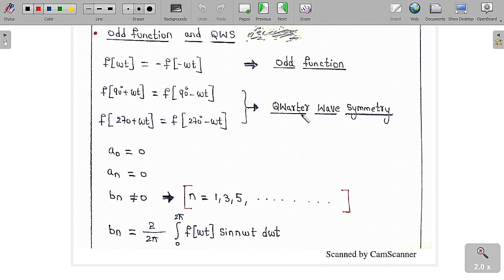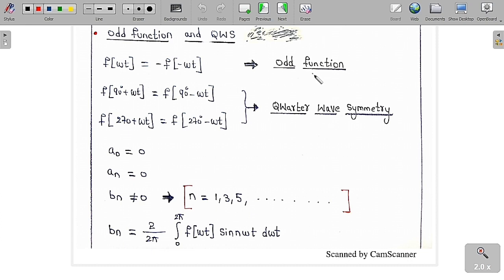And quarter wave symmetry means f of 90 plus theta is equal to f of 90 minus theta, and f of 270 plus theta is equal to f of 270 minus theta. If a function satisfies both, it is an odd function with quarter wave symmetry. Based on that, we will see what happens to the Fourier series coefficients.